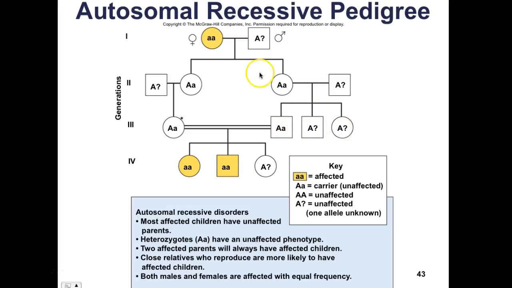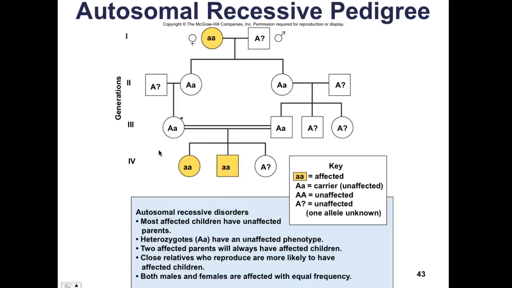This particular pedigree illustrates an autosomal recessive pedigree, and you can see wherever there is a homozygous recessive genotype, the allele is basically going to be expressed. The disorder is going to be expressed. So therefore, you would shade that entire circle or square in to show that it is being expressed there.